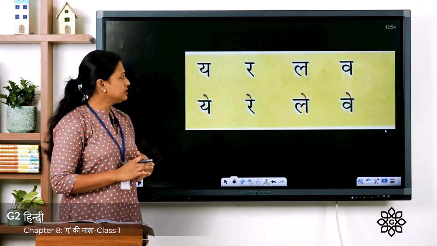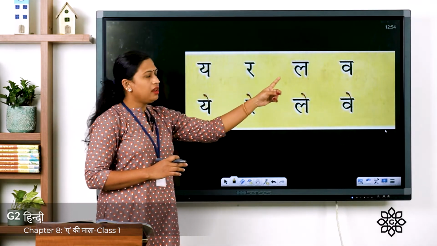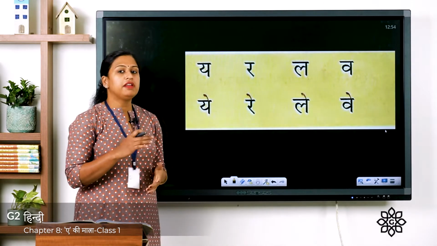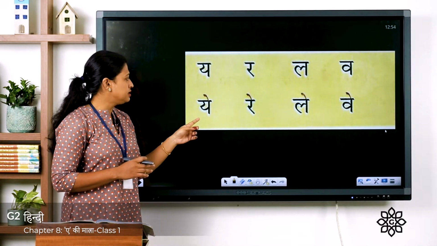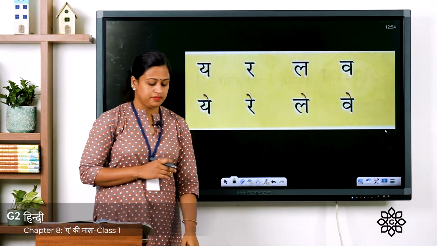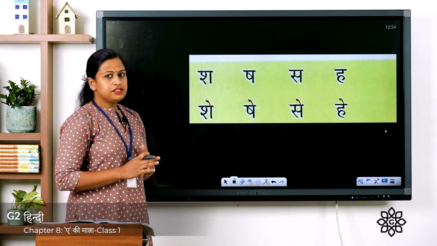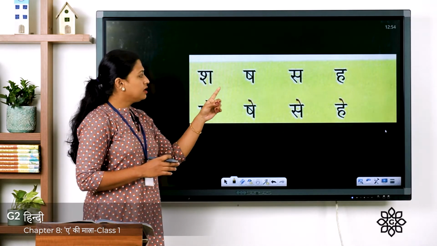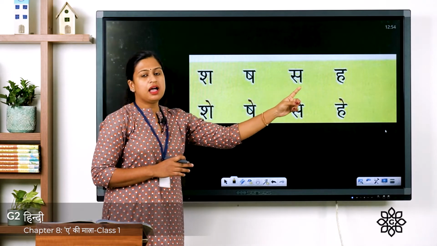Next set of Vyanjan letters: Ya, Ra, La, Va. And when we add A symbol, it sounds Ye, Re, Le, Ve. Next set of Vyanjan letters: Sha, Sha, Sa, Ha.